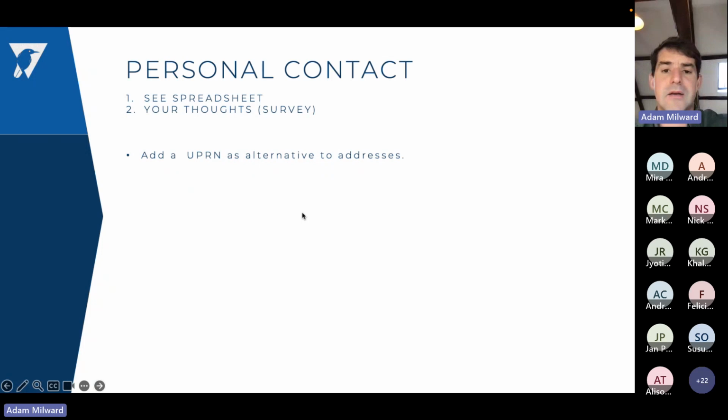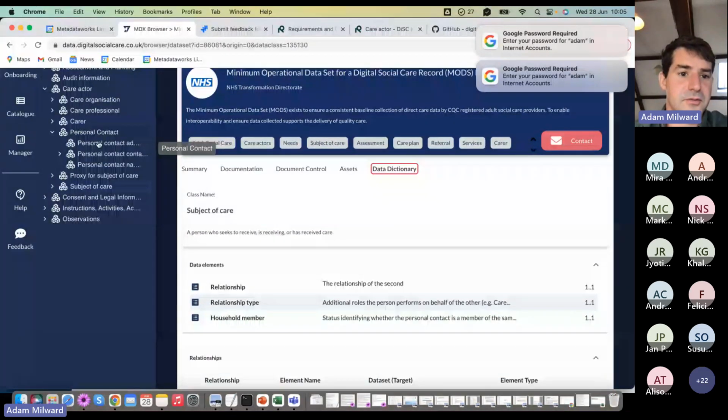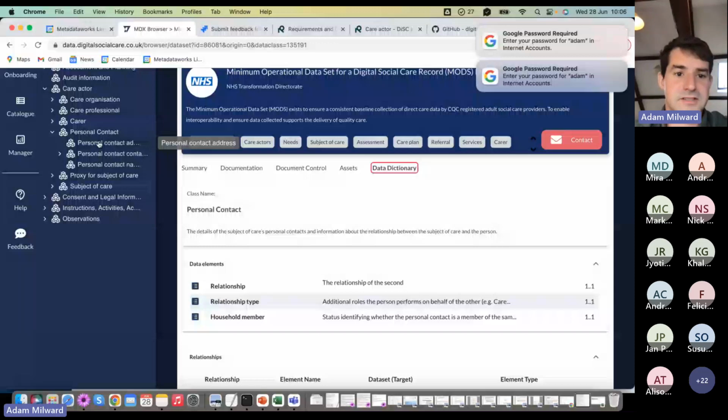next part of the care actor specification. Again, this is not really much different. We're looking for a personal contact address.